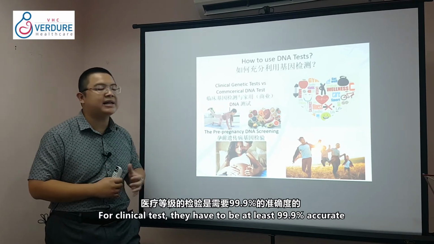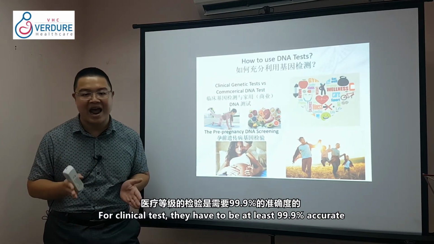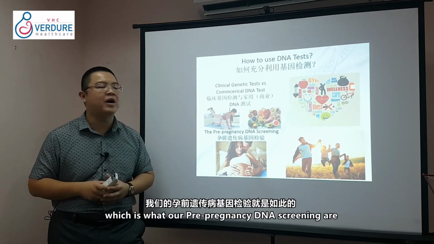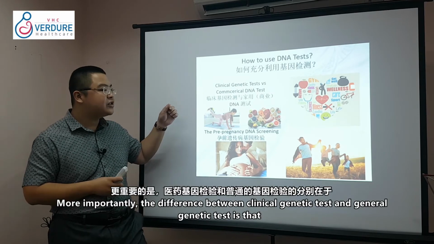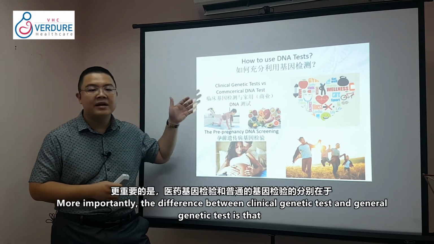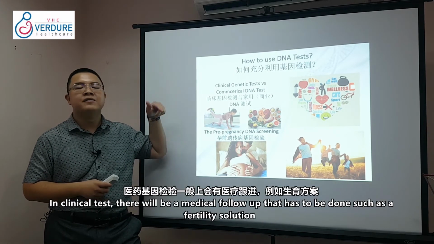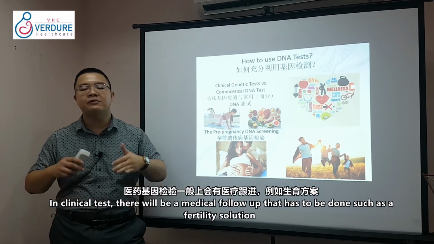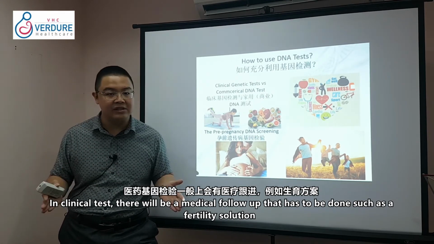For clinical genetic tests, they have to be at least 99.9% accurate, which is what our pre-pregnancy DNA screenings are. Okay, so more importantly, the difference between clinical and a general genetic test is that for clinical genetic tests, there is a medical follow-up that has to be done, such as the fertility solution.